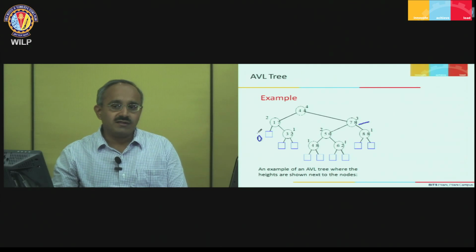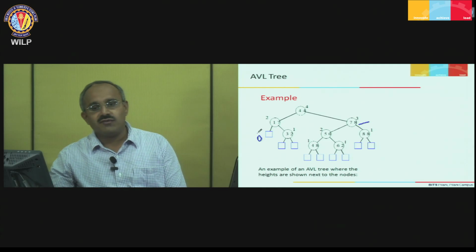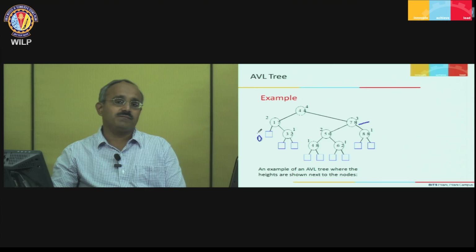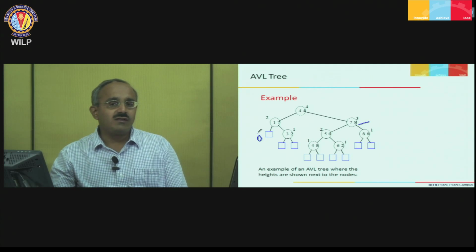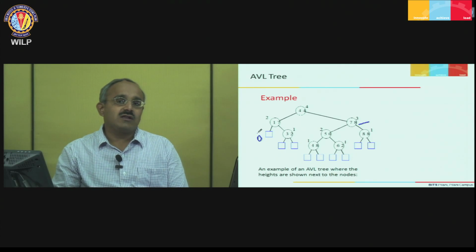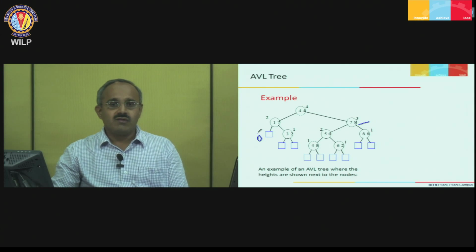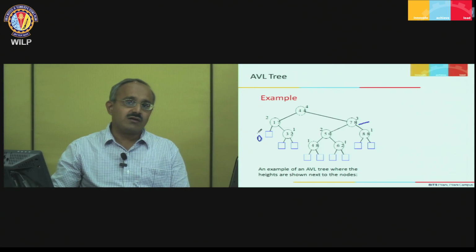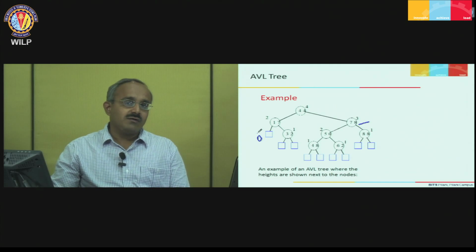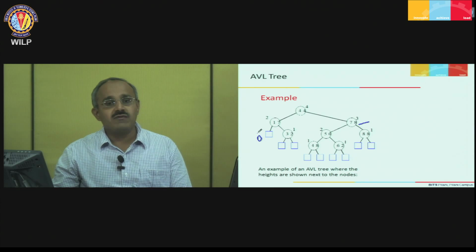So, this is a binary search tree which has the height balancing property, and so is an example of an AVL tree. If a tree is not a binary search tree, then even if it satisfies the height property, it still is not an AVL tree. So, for any tree which is not a binary search tree, one need not even check height balancing to find whether it is an AVL tree or not.